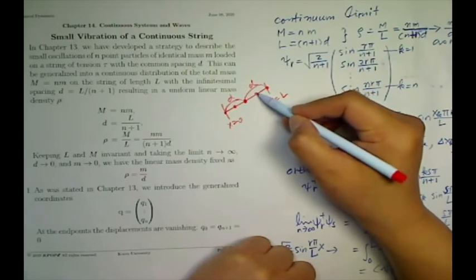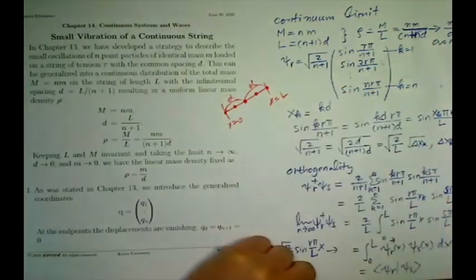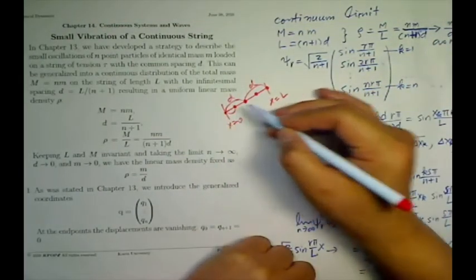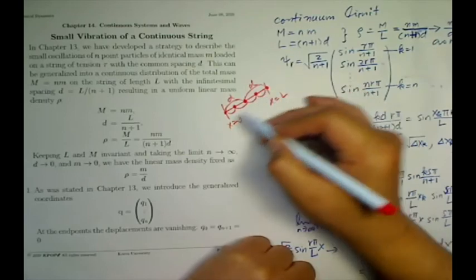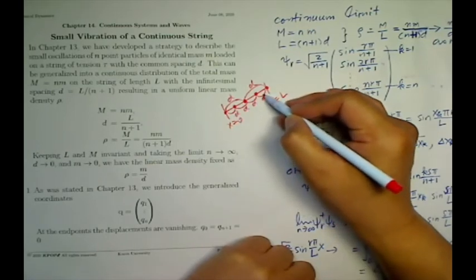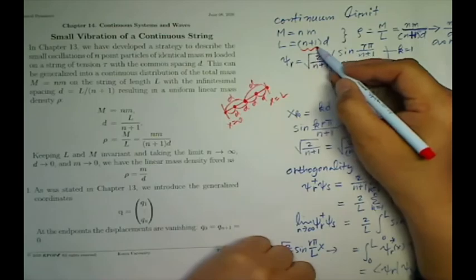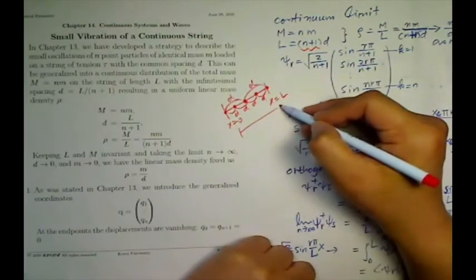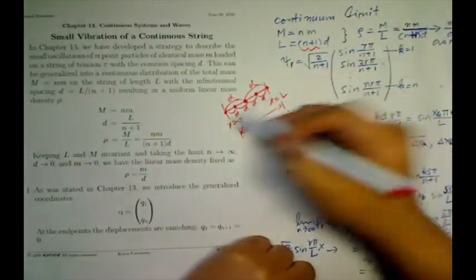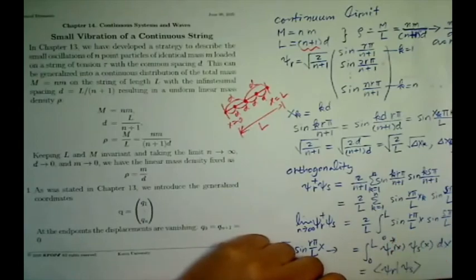And if I have three beads, the spacing will be d. So (n plus 1) d will be the length, capital L, of the loaded string.